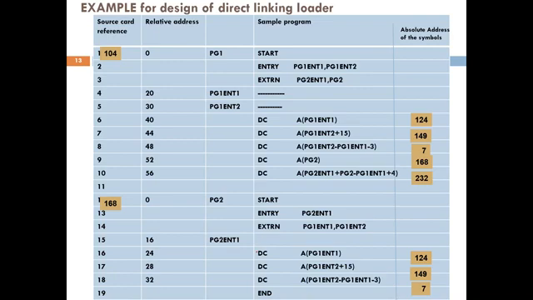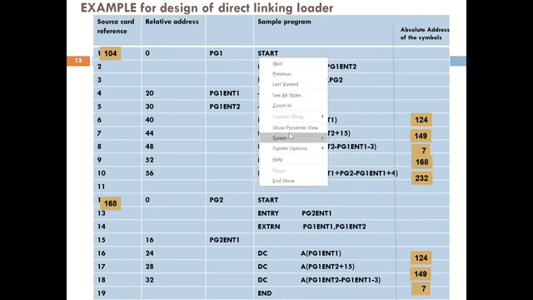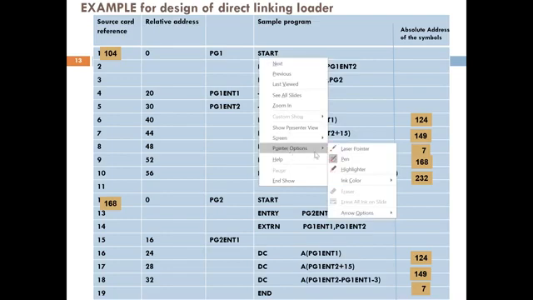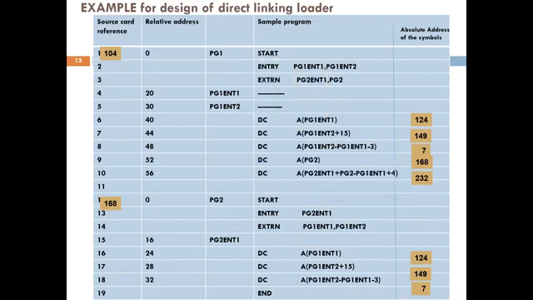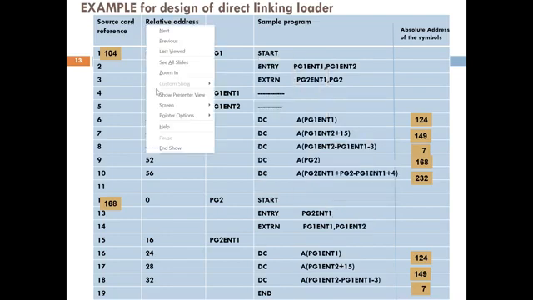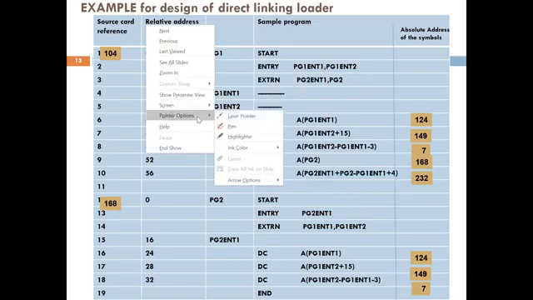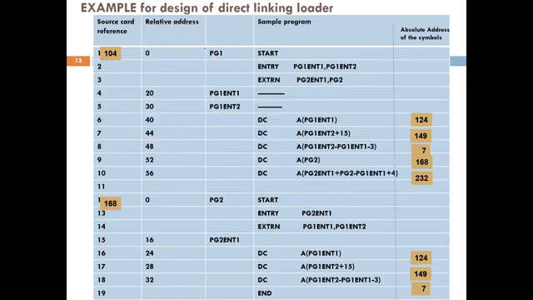Let's break this program down. First thing is, I have written a program. The name of the program is PG1. So this is the name of the program I have written.